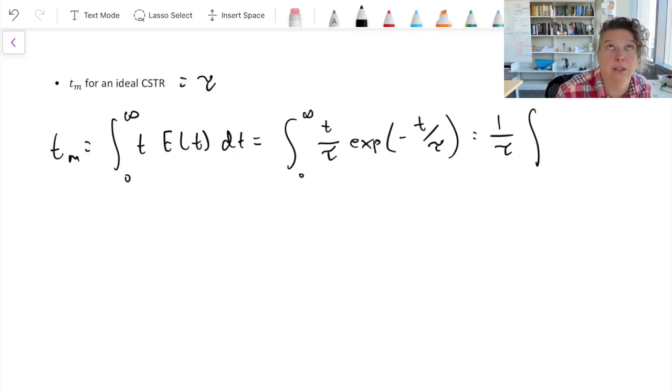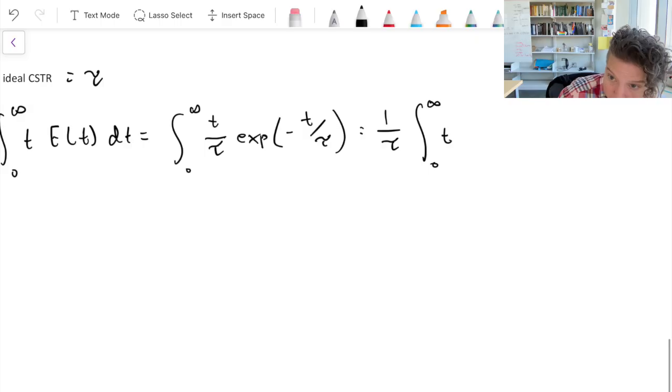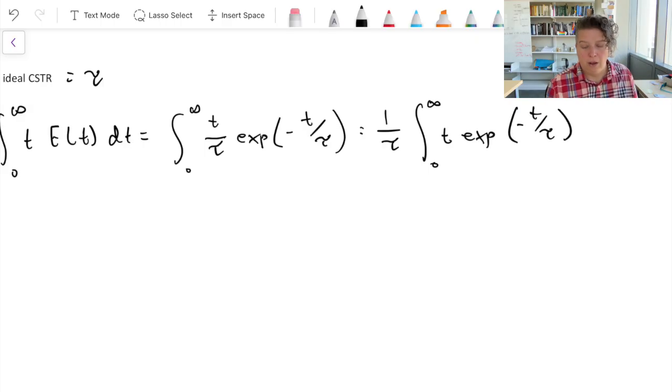Tau here is just volume divided by volumetric flow rate. It's a constant, so I can bring it outside the integral. Okay, so now I've got this integral to solve.